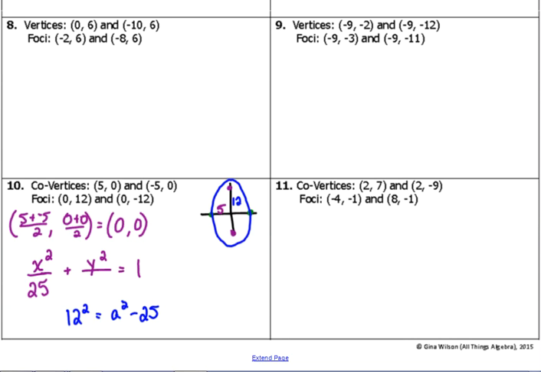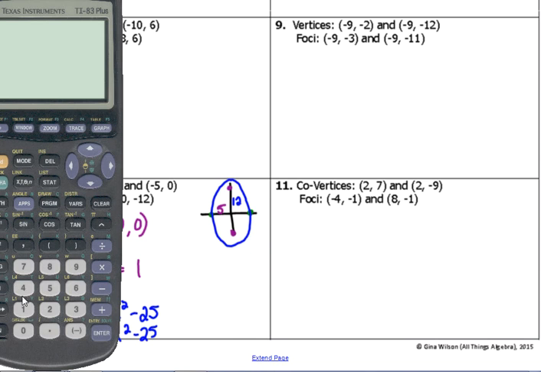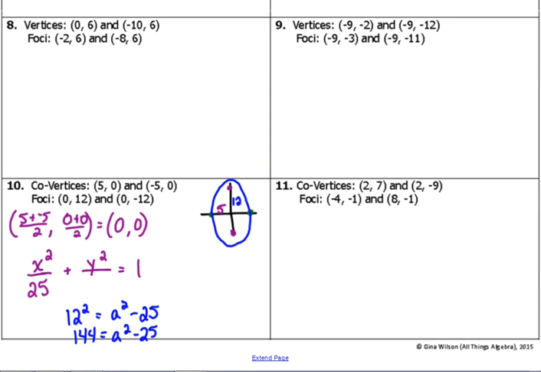We do know B squared, though. B squared is the distance to our co-vertices. So we have 144 is equal to A squared minus 25. 144 plus 25 is 169. So that makes our A 13. Well, might as well leave it A squared, because that's what goes in our formula. A squared is 169.